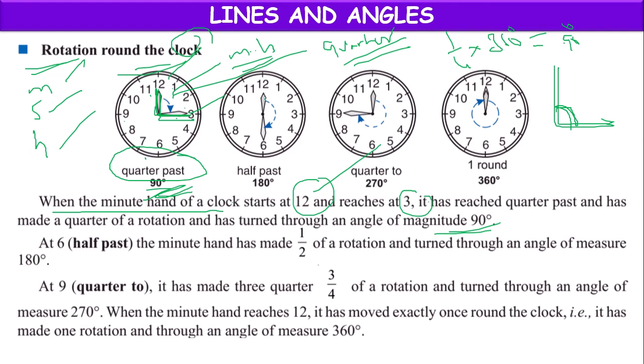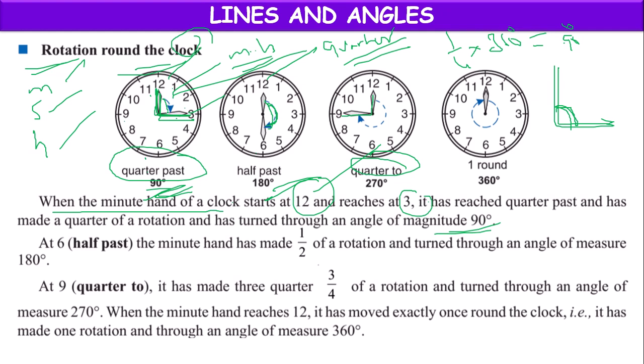Suppose it has moved from 12 to 6, then it has moved half of the rotation, so it is considered as half past, which is equal to 180 degrees. If it has moved from 12 to 9, then we name it quarter to.